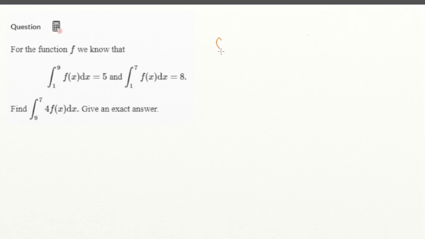So the first point that we can observe here is that if we have a definite integral from a to b of f(x) dx, we can split that into, let's say, a to c of f(x) dx plus from c to b of f(x) dx.